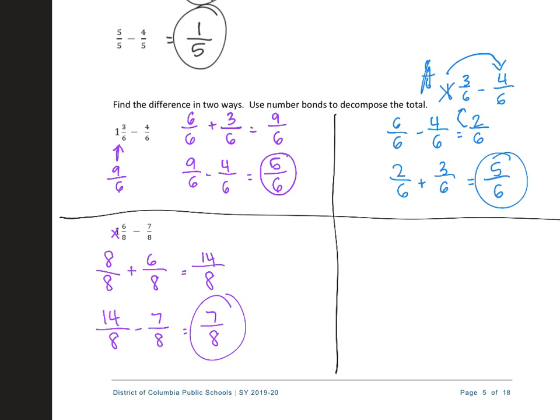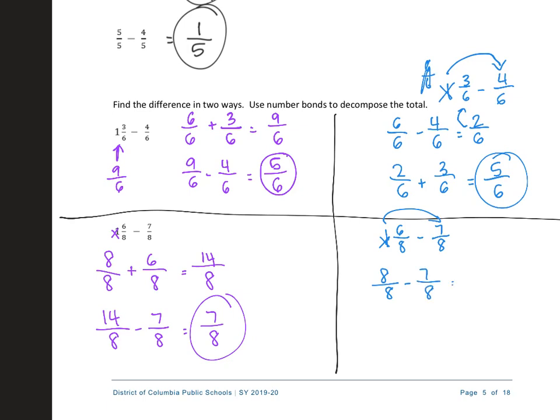Moving on to the next strategy, or the other way that you could have found the difference. I'm going to rewrite the problem. 1 6/8 minus 7/8. Again, this is just because I think it helps me to see it right above. So again, I'm going to take that one whole and change it into 8/8. But now instead, I'm going to subtract the 7/8 first.